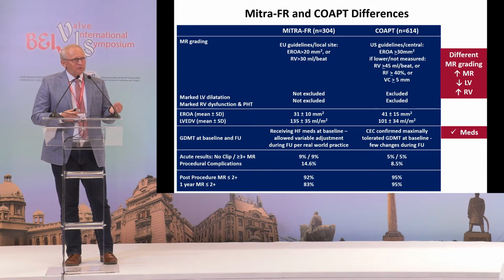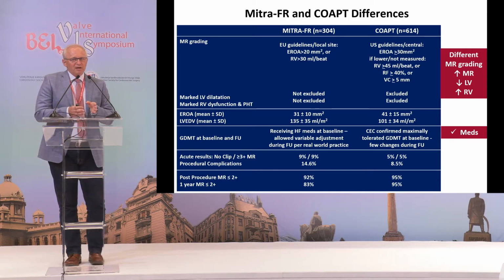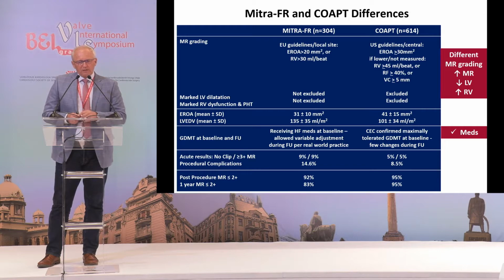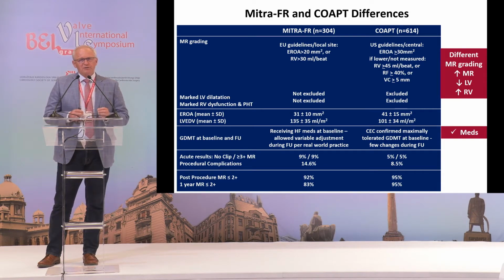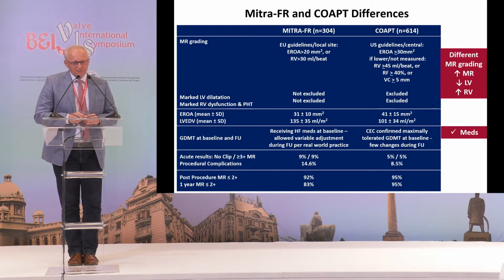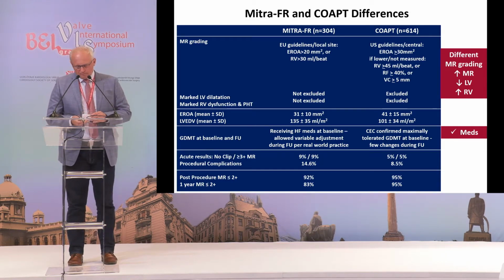Thereby you sort of shoot yourself in the foot, because in this real-life world you cannot ascertain what actually is helping these patients. In the COAPT study, there was very strict selection by a central selection committee, ensuring upfront optimal therapy and avoiding any major changes in the medical therapy over time.